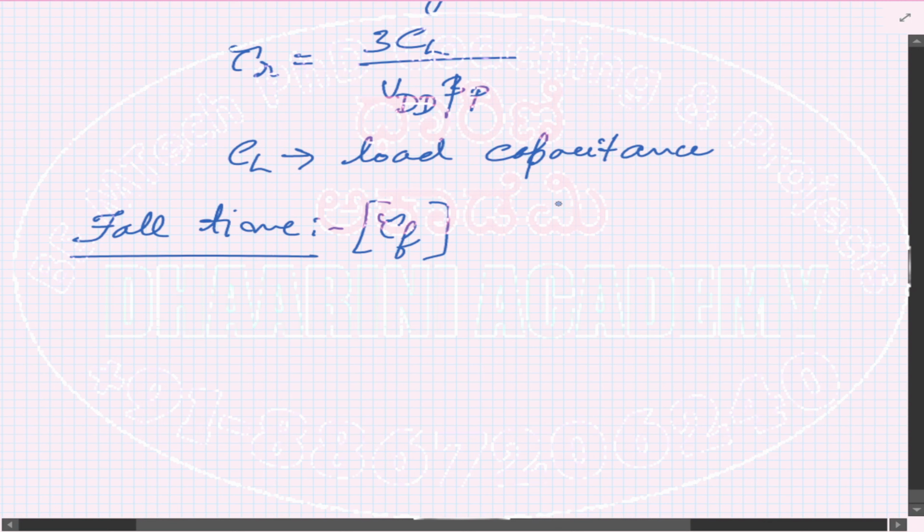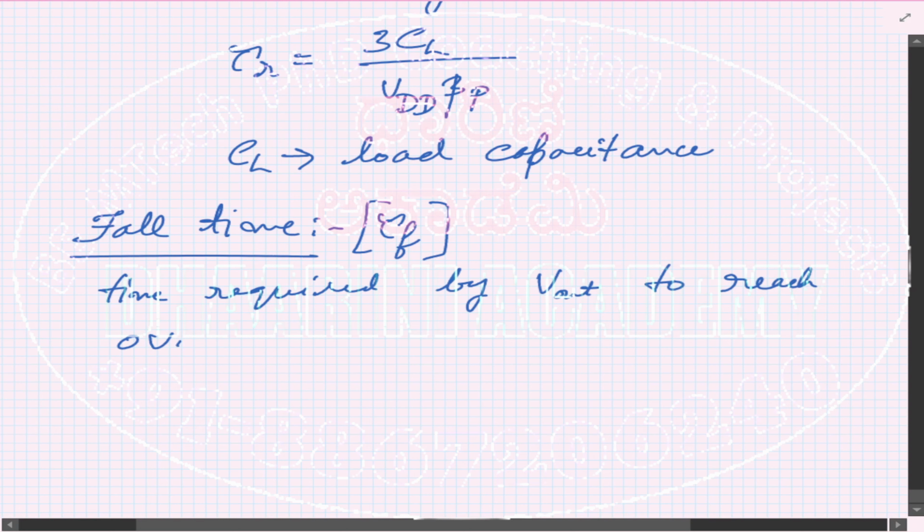Fall time is the time required by V out to reach 0 volts.